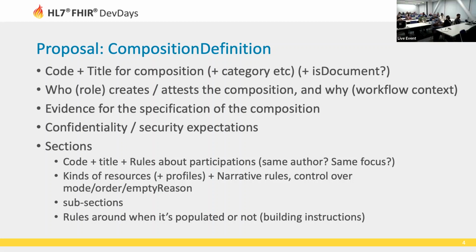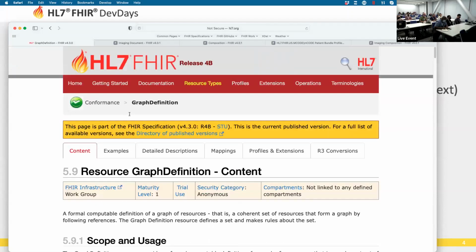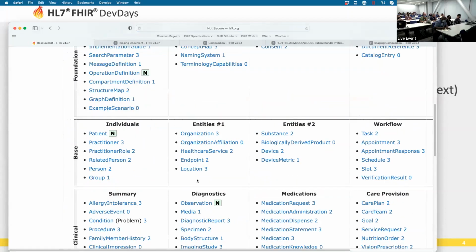So with message definition, we leverage graph definition to define what are the resources that are included and what are their relationships. And it seems to me that for composition definition, we're going to want to make similar kinds of statements, that the entries in this particular section need to have this type of relationship to the entries in that section.